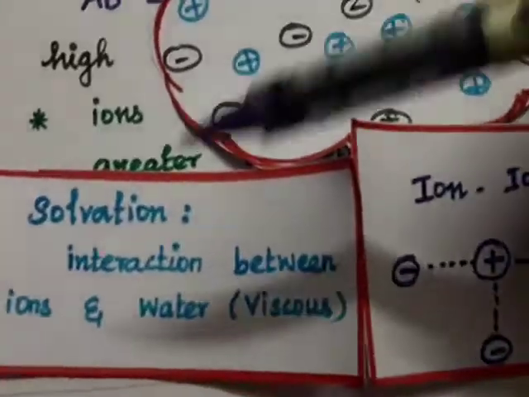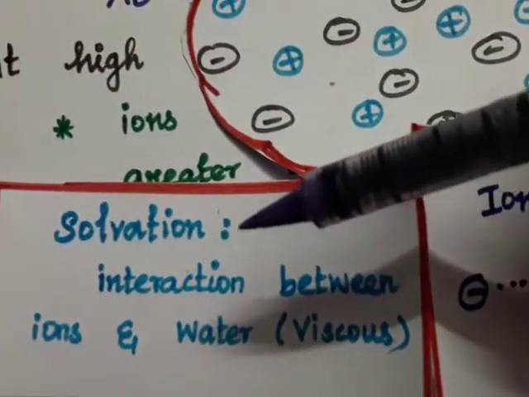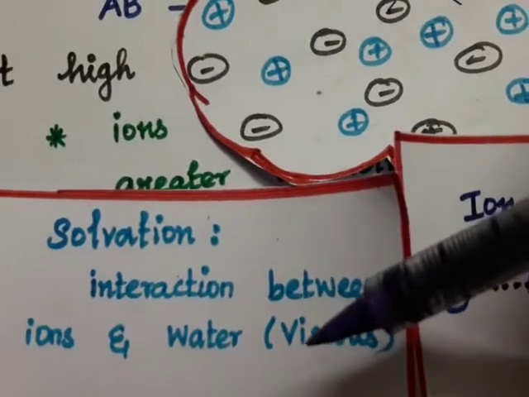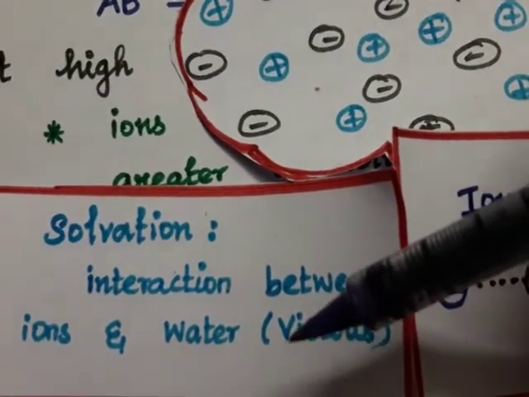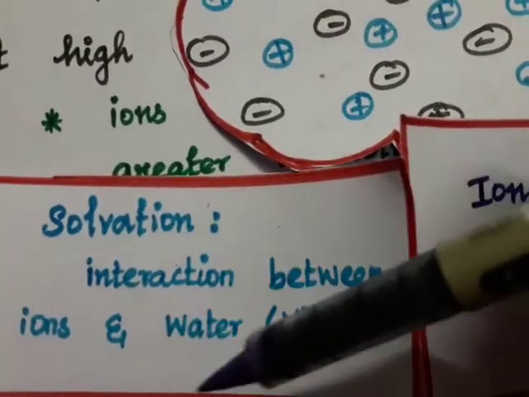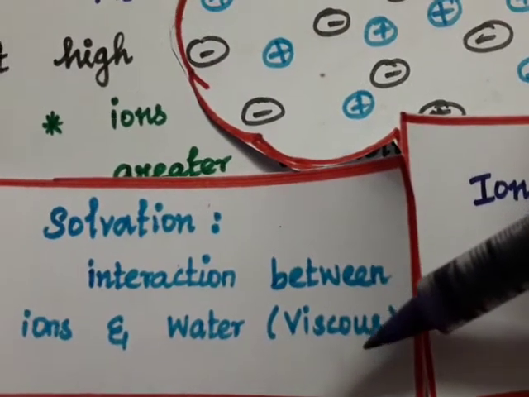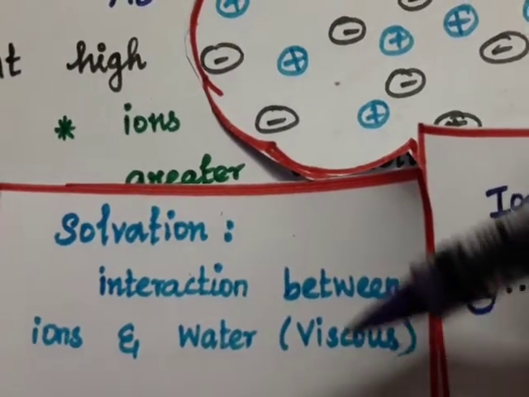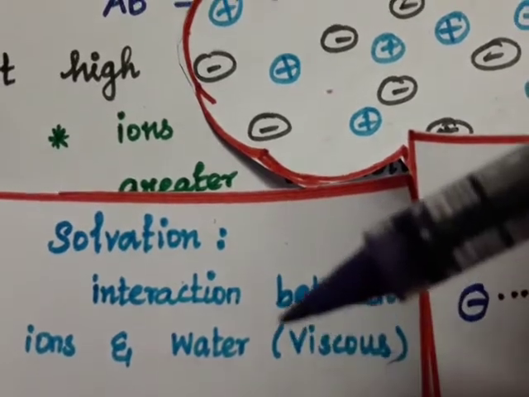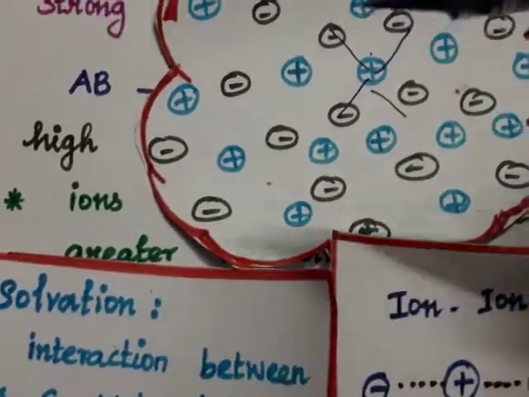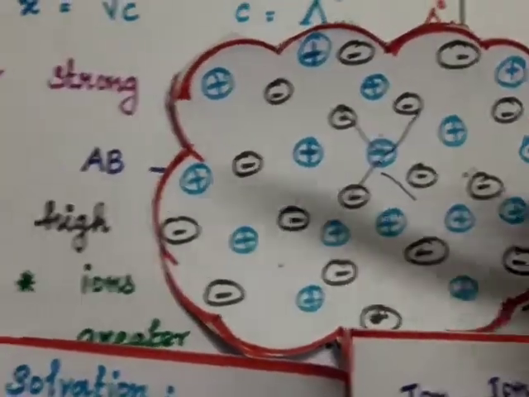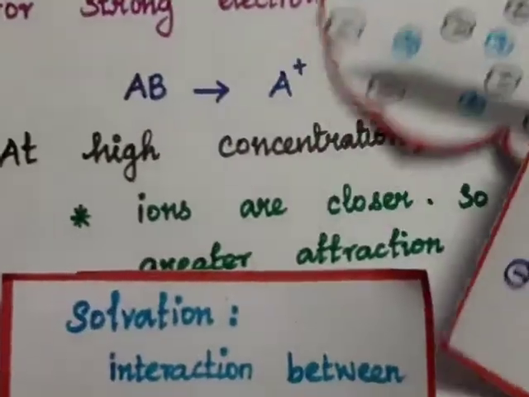Then the other factor is solvation. Solvation is nothing but bonding with the water, right? Because of this, viscosity will be increased, viscous drag will be increased. So this is also one of the reasons for the lower molar conductance at high concentration, right?